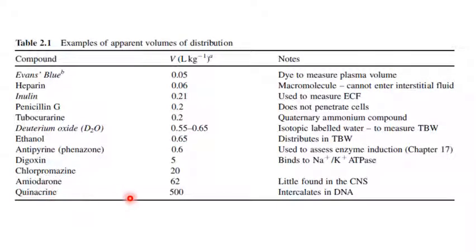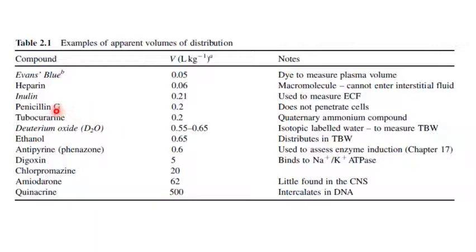These drugs, for example, quinacrine has a volume of distribution of 500 liter per kg. As we said, it is hypothetical because it makes no sense for a body to contain more than 500 liter per kg.